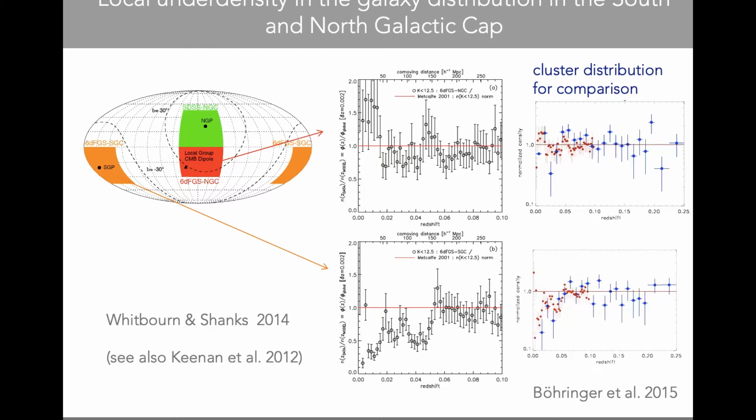And again, if you go to the North Galactic region, this red region over here, from the 6-degree field galaxy redshift survey, galaxy people see not much variations, and we don't see much variations. So things seem to be coming up in other surveys too.